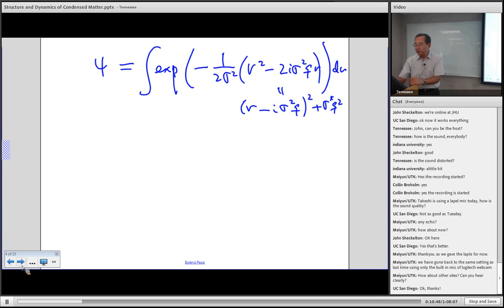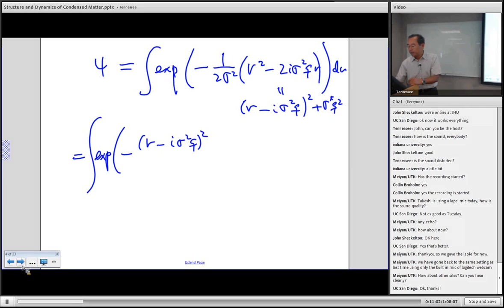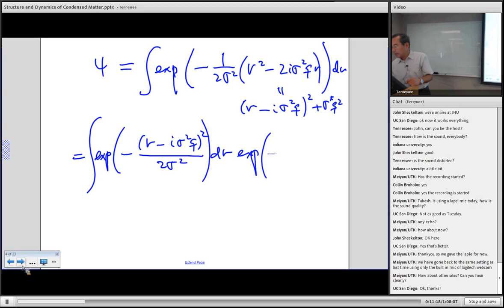Now the whole thing is equal to the exponential of minus (R minus iσ²Q)² over 2σ² dR, and the last term is outside this integration. So what you have is this and σ²Q²/2, just a rearrangement of terms.